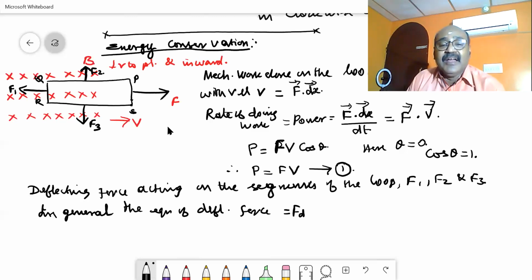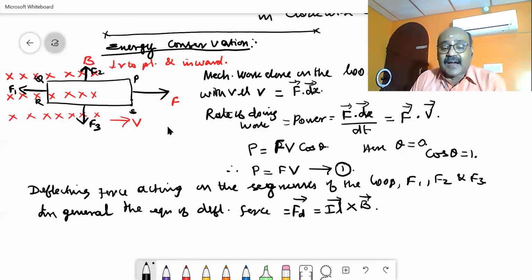F of D vector is equal to IL vector, the current element in the conductor, cross multiplied with the magnetic field, IL vector cross B vector. So the F1, F2 and F3 values are equal to IL vector cross B vector.